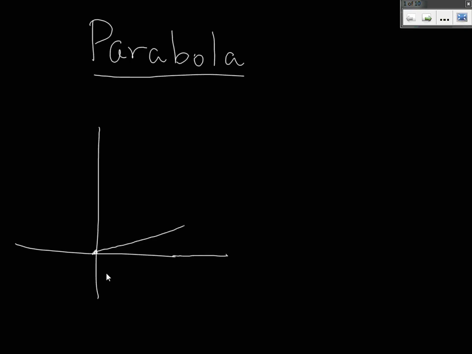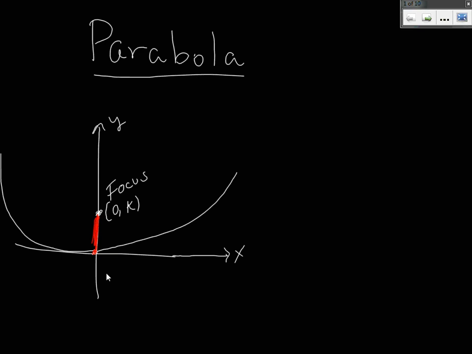Here is a parabola, and not a nice one, but it'll do. It has a focus point, and we'll say the focus is at 0, k. That means from the vertex to the focus is k units.